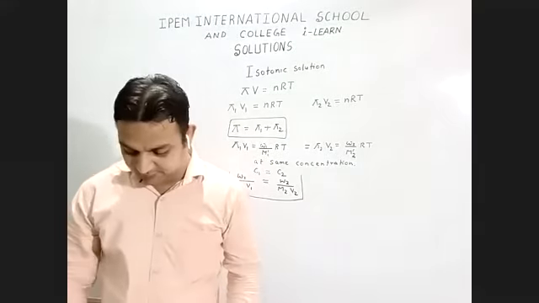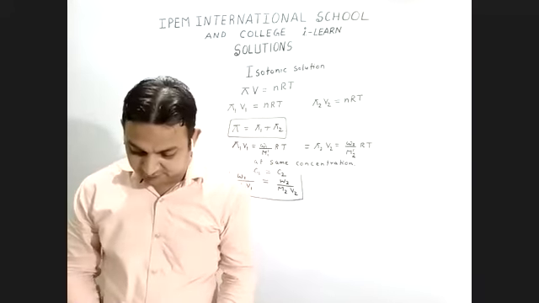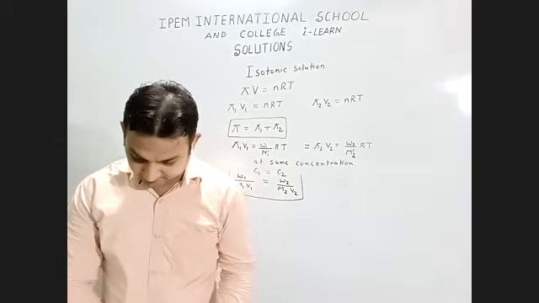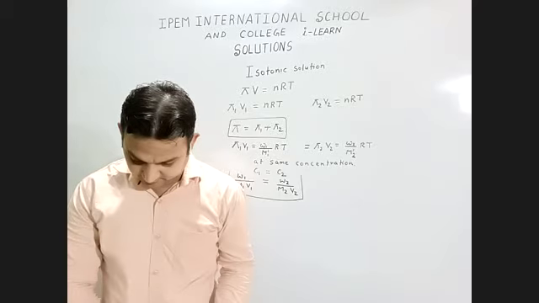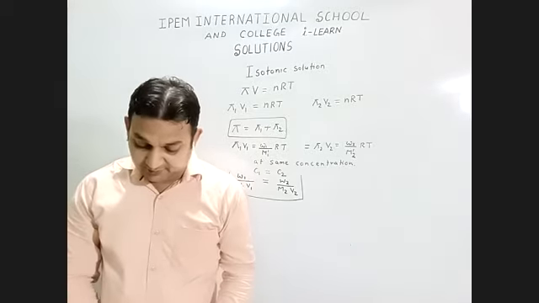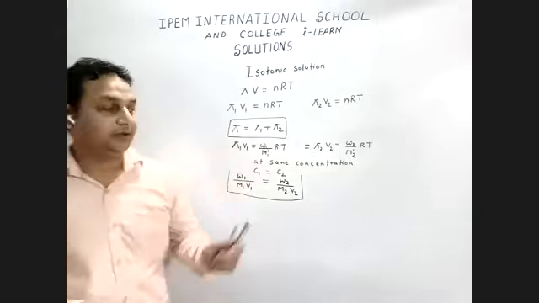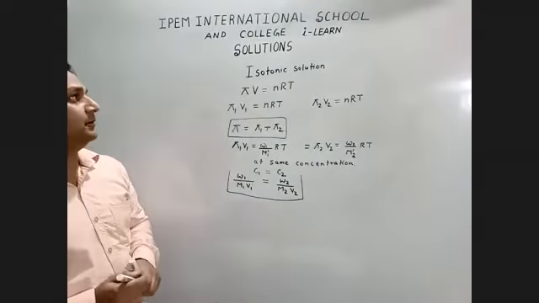So this you have to do, and I think I have a question for this also. Yes, it's a good question. A 10% aqueous solution of cane sugar. Note this down when I give the question.